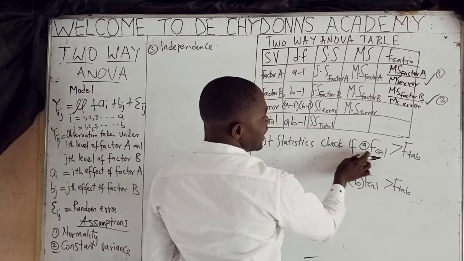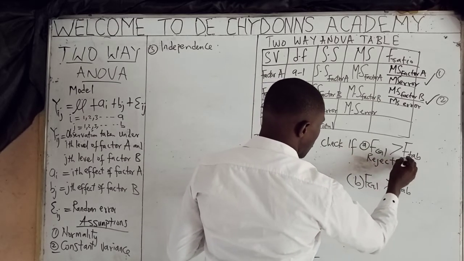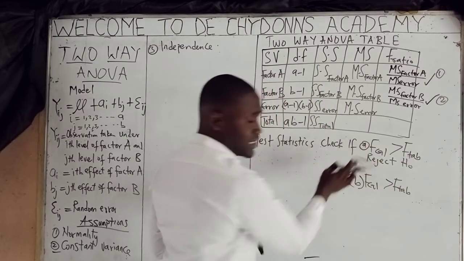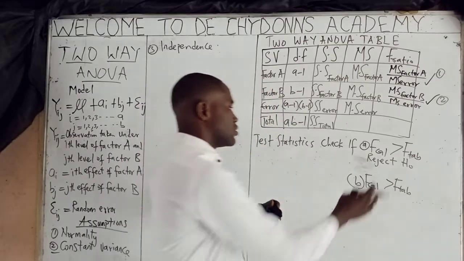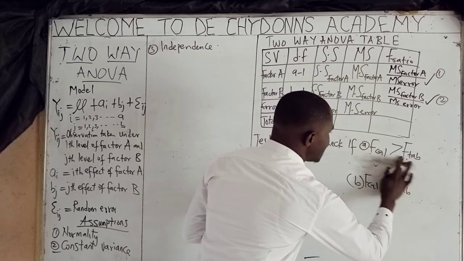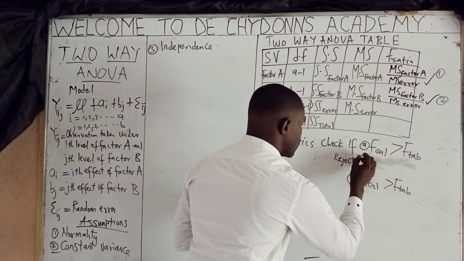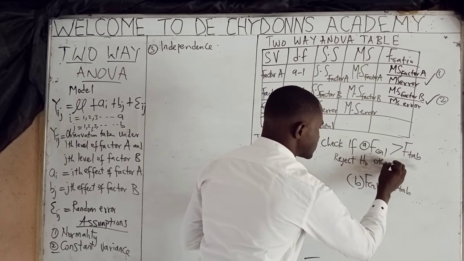If F calculated is greater than F table, you say reject the null hypothesis as a conclusion. But if F calculated is not greater than F table, say accept the null hypothesis. So reject the null hypothesis, otherwise accept.